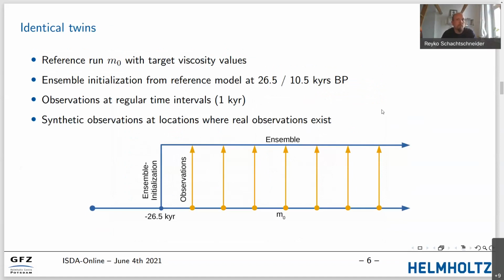And at certain points in time in the past, the ensemble is initialized from the model state of the reference run, and thereafter the relative sea levels of the reference run are taken at regular time intervals and used as observations for the assimilation. We take observations only at those locations where real observations from field measurement exist.